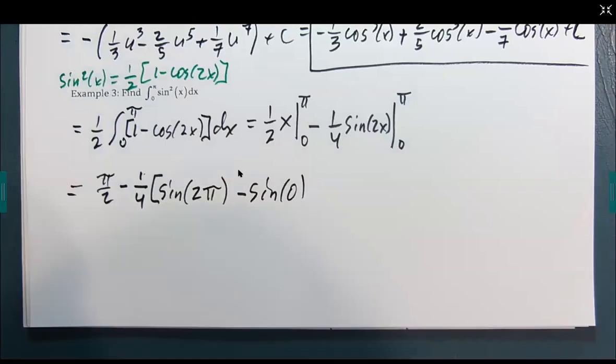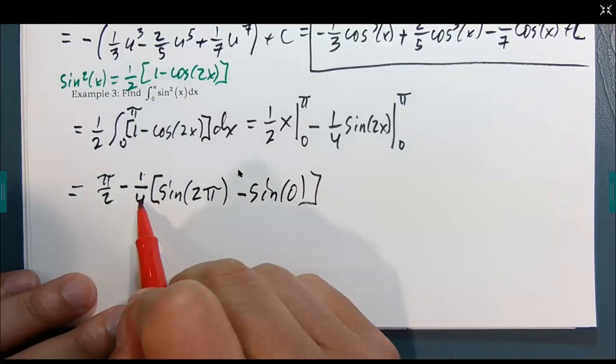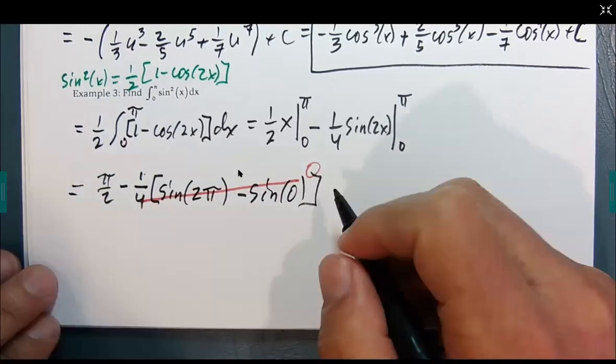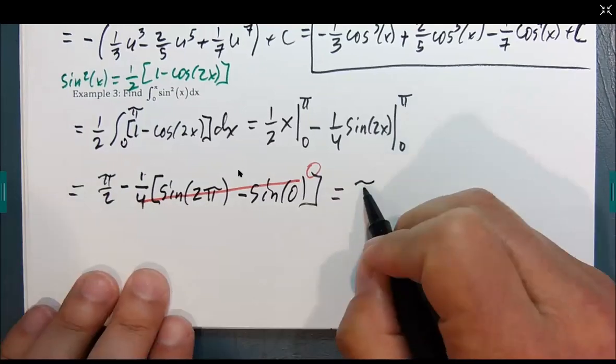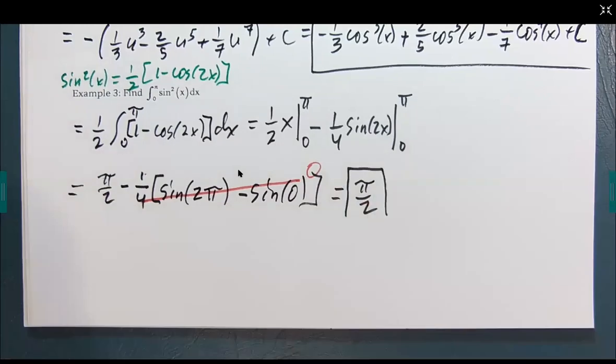So this whole part here goes to 0, which is very nice. And that gives us a final answer of just pi over 2. So this is a different way to manipulate it. We didn't save off a derivative in this case.